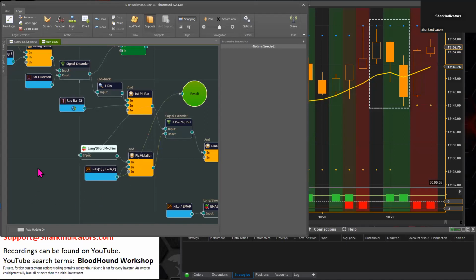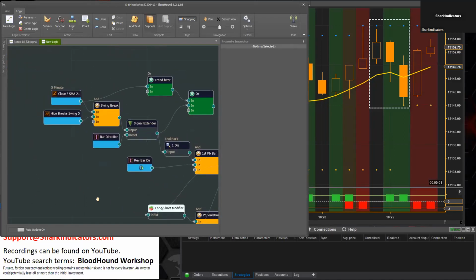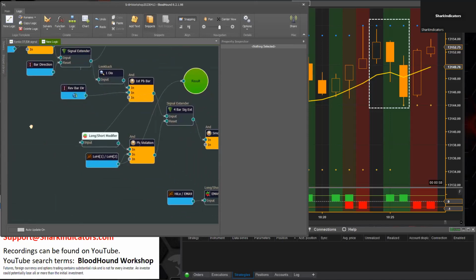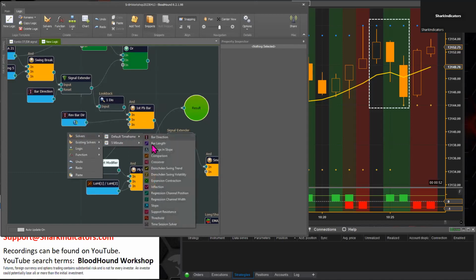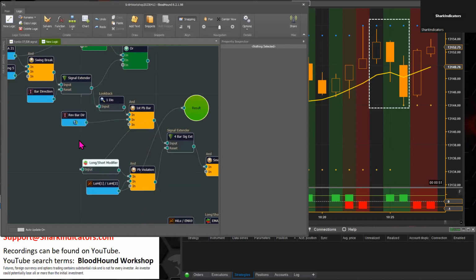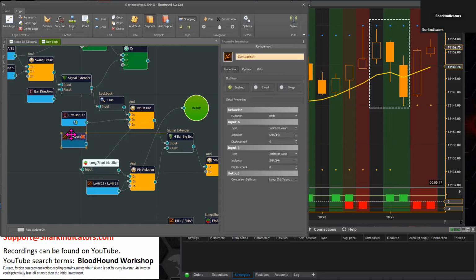No, it's not that one. Nope, doesn't look like it. All right, so we're going to build another comparison solver.